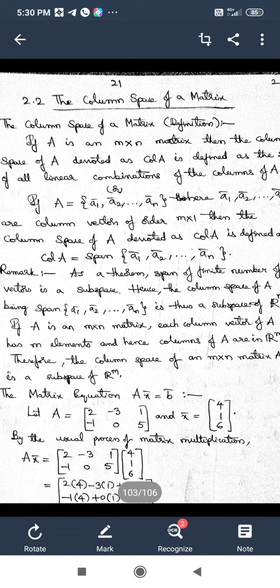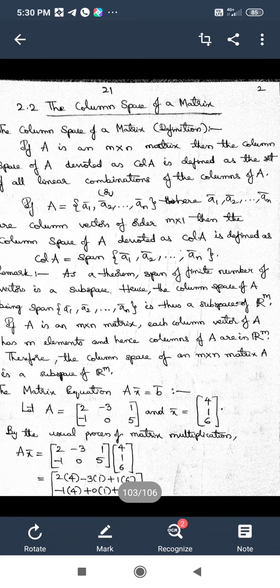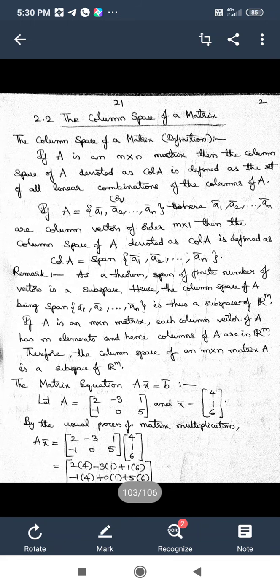Ax bar is equal to 2 minus 3 1, minus 1 0 5 is one matrix, and that is A, and the other matrix x bar is 4 1 6, which is a column matrix. To use the usual matrix multiplication, we multiply the rows of the first matrix with the columns of the second matrix and add them to get the corresponding elements in the resultant matrix.